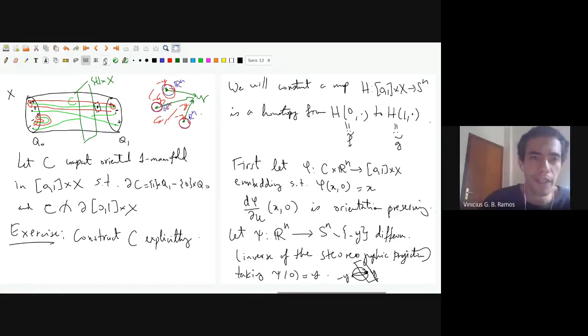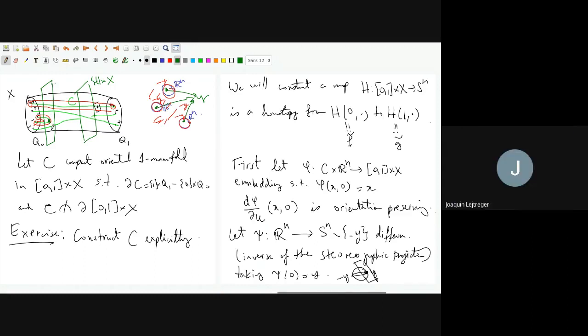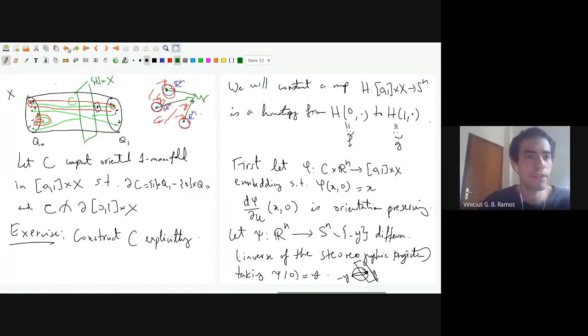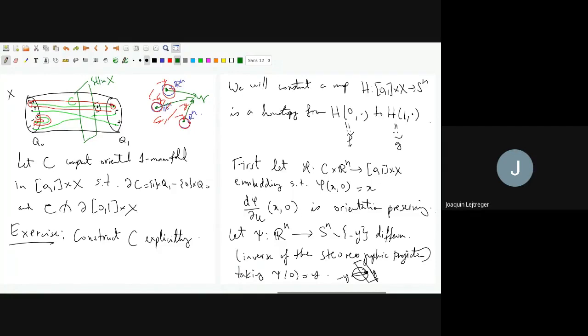So if you take this slice, for example, that hits this point here, then what do you do? With the tubular neighborhood, you can still see the orientation. Yes, you can look at an oriented tubular neighborhood. It's kind of what this embedding is.